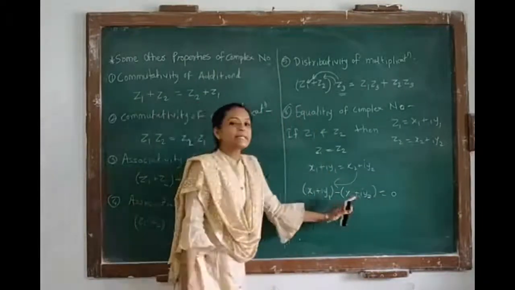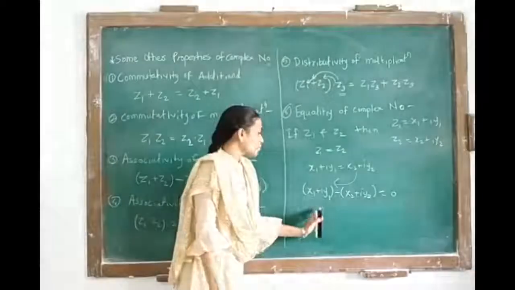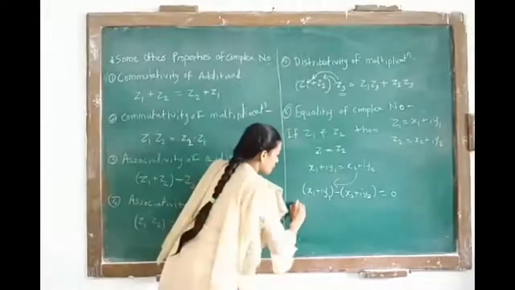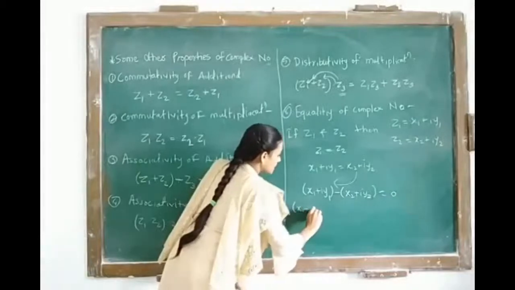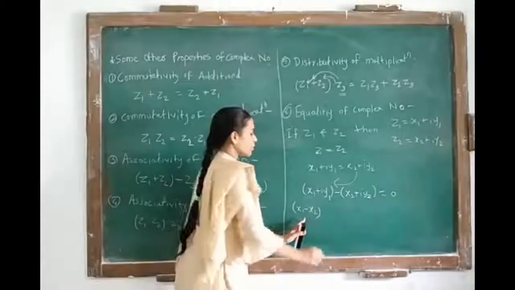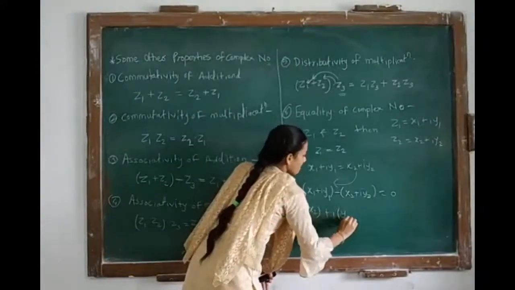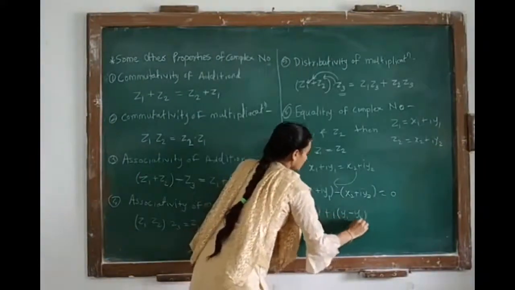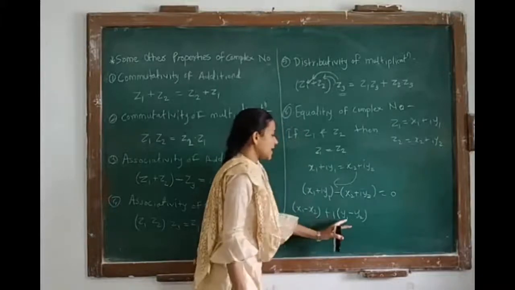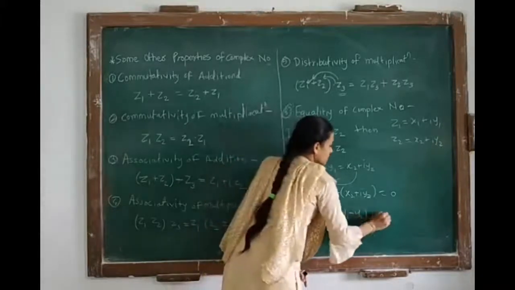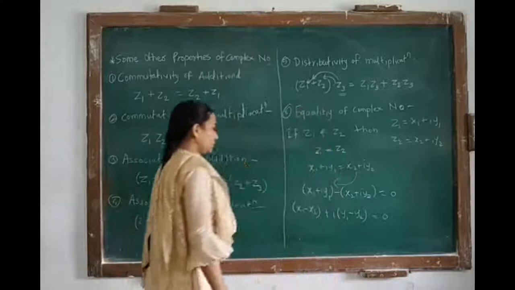Now we have already studied the algebraic operation for two complex numbers, which is subtraction. How to subtract two complex numbers, we have already studied, and doing that subtraction, (x1 minus x2) plus i into (y1 minus y2) will be equal to 0.